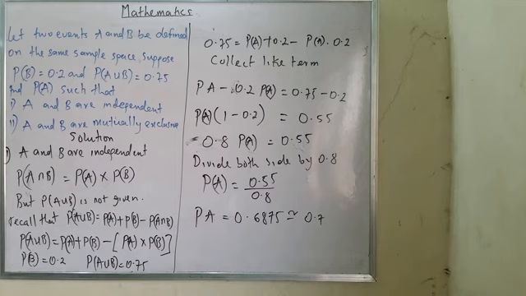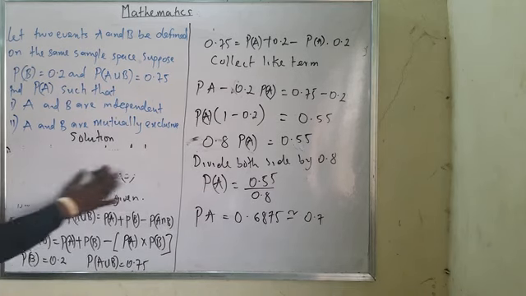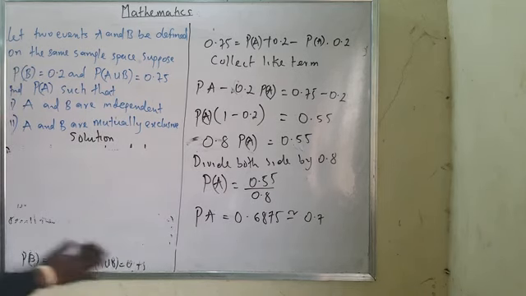My second question asks me to find the probability when A and B are mutually exclusive. That is number 2. Sorry, I have to rub it. Take note of that.